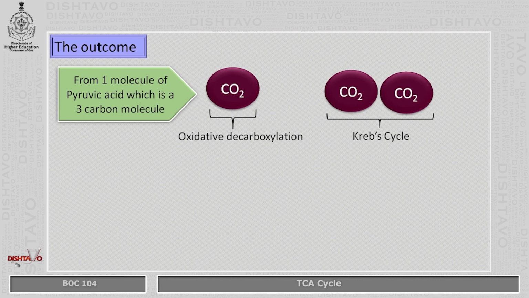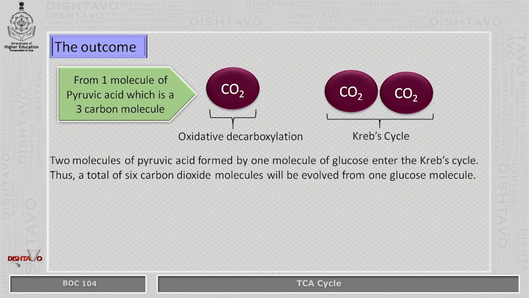of pyruvic acid. But 2 molecules of pyruvic acid form 1 molecule of glucose. That means it makes a total of 6 carbon atoms, and hence a total of 6 carbon dioxide molecules will be evolved from 1 glucose molecule.